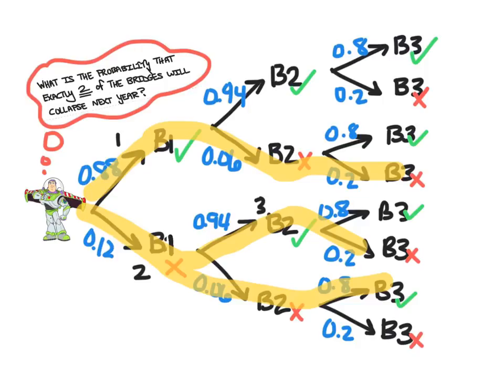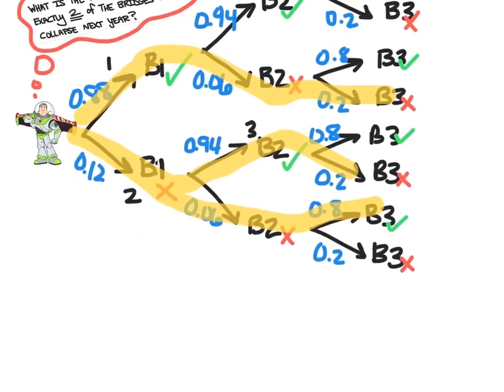And to find the answer, guys, you just have to sum up the probabilities for each of those branches. Well, what does it mean to find a probability of a branch? Well, you just have to multiply across all of the pieces of that branch. So 0.88 times 0.06 times 0.2, and we add that to the product of this branch, and then the product of this branch. I'm going to move over to the side and do that here for you guys.